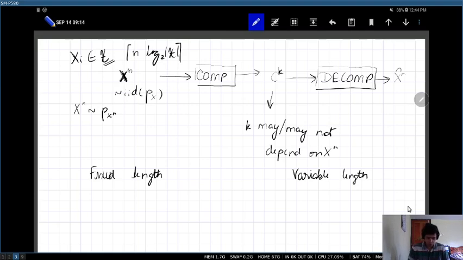So our goal is to design a pair of algorithms, a compressor and a decompressor. The compressor takes this file as input and outputs a binary file.